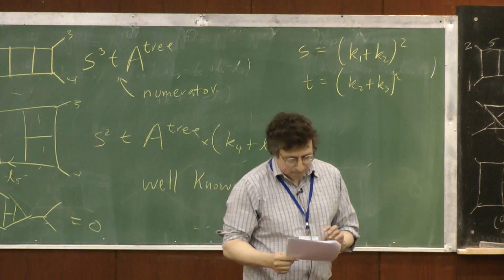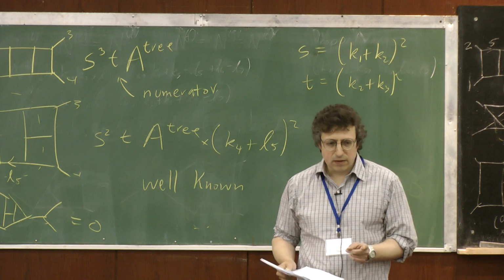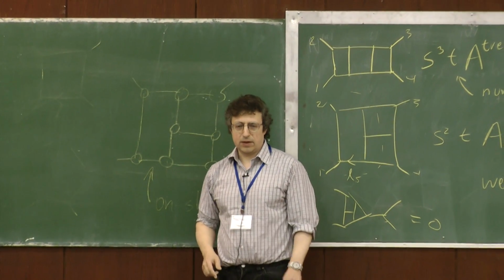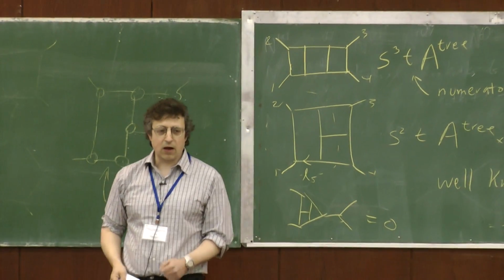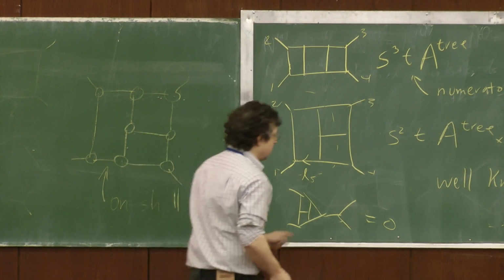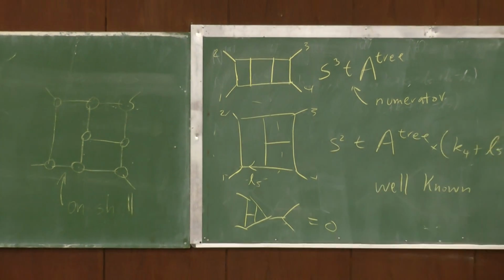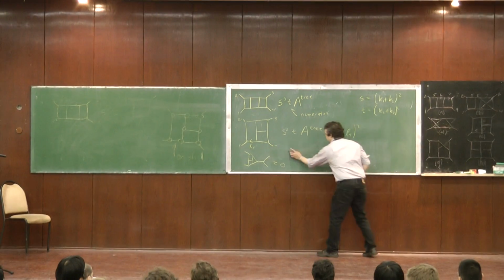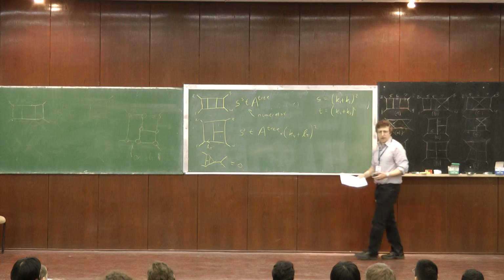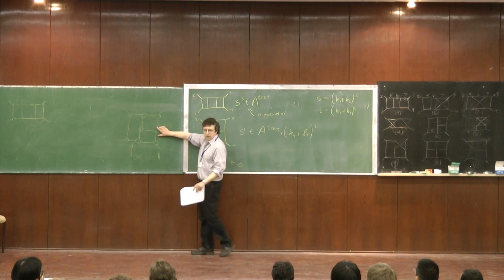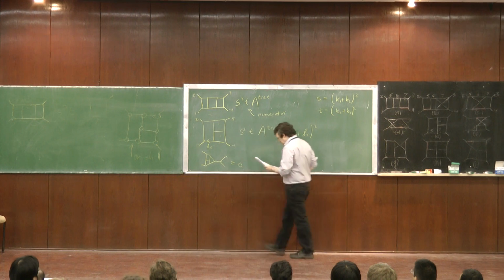But I'm not allowed to push stuff around in a way that changes the maximal cut. So I immediately get an idea: what I should do is take this guy and add stuff to it, but add stuff which does not change the maximal cut. So it doesn't change this picture that Nima was talking about.